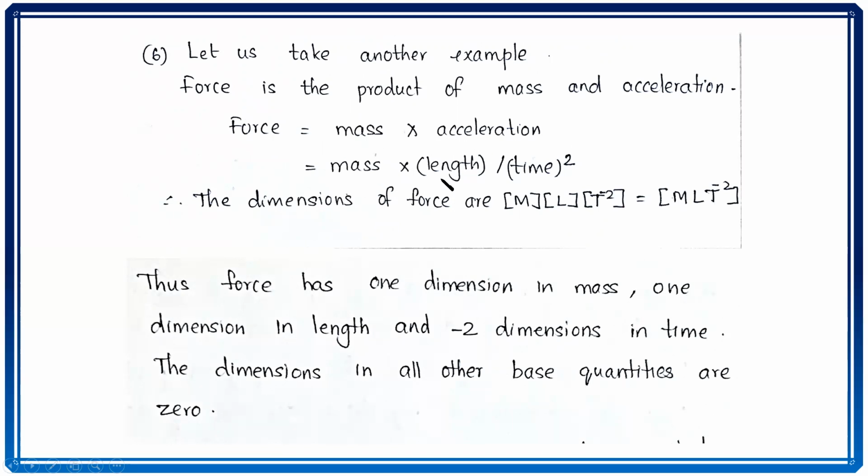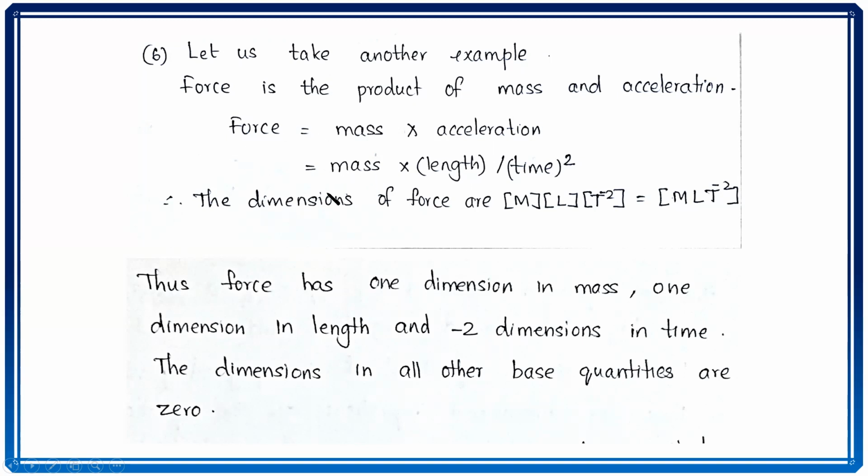Mass is mass, but acceleration is equal to distance by time square. Distance comes under length. Therefore, acceleration can be written as length divided by time square.